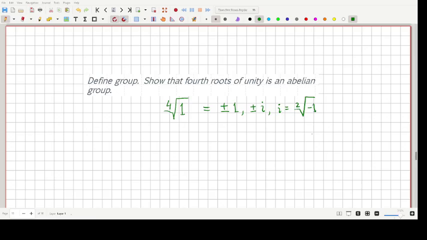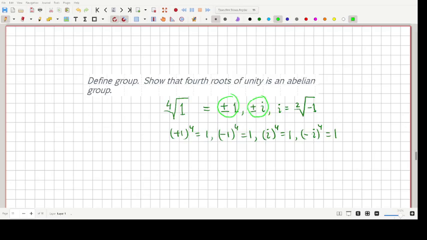See, positive 1 to the power of 4 is equal to 1, negative 1 to the power of 4 is equal to 1, i to the power 4: i squared is negative 1, so i squared whole squared is actually i to the power 4, which is also 1, and negative i to the power 4 is also 1. So these are the elements that we have, positive and negative 1 and positive and negative i.